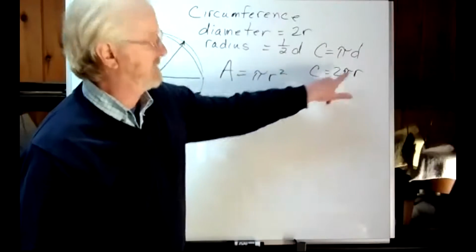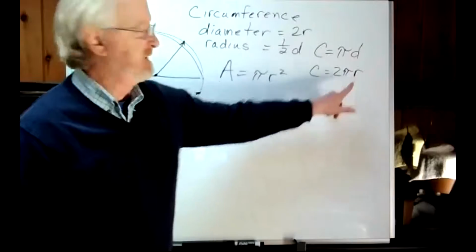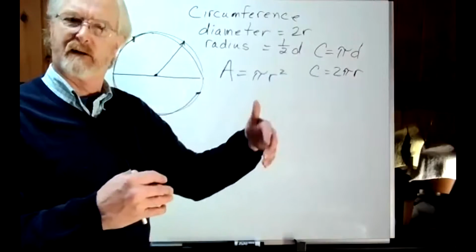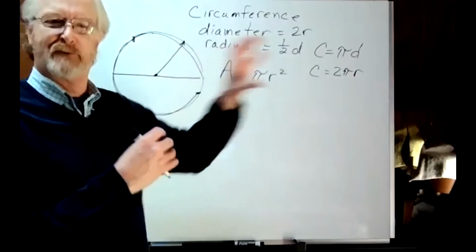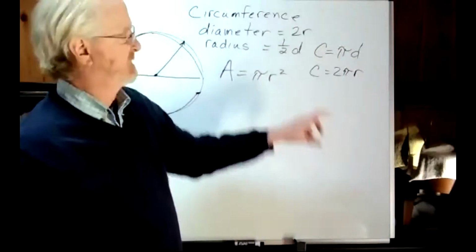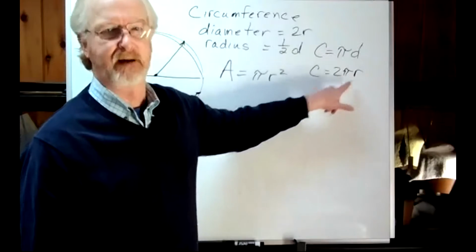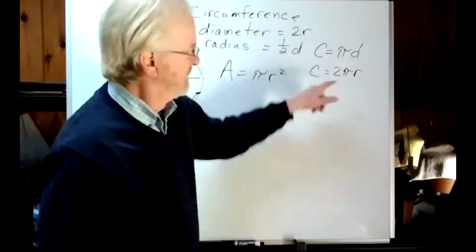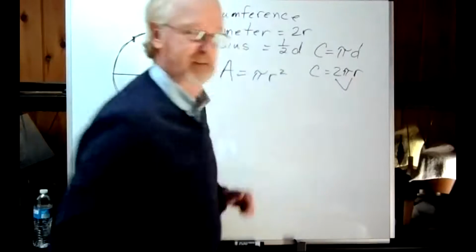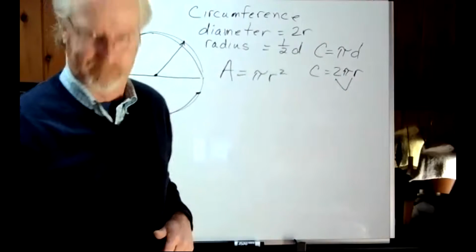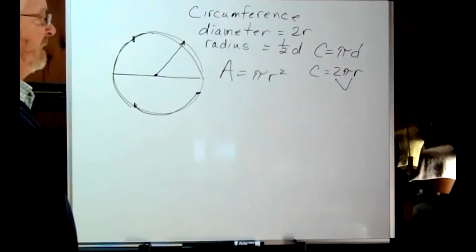Pi times 2 times the radius. Okay. Yes, and we usually put the number in front of things that look like variables. So you usually see it written like this, 2 pi r, rather than pi times 2r. But these two go together to make the diameter. Roger that. Thank you. Okay, good.